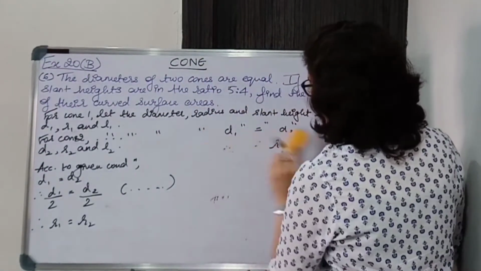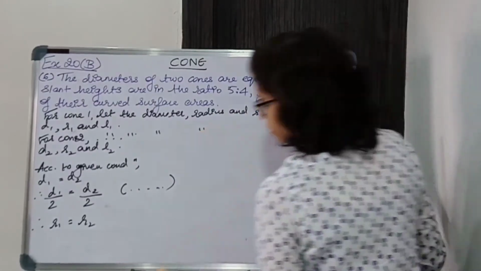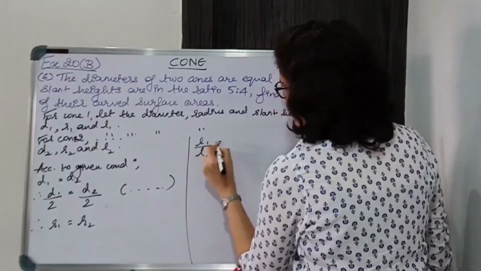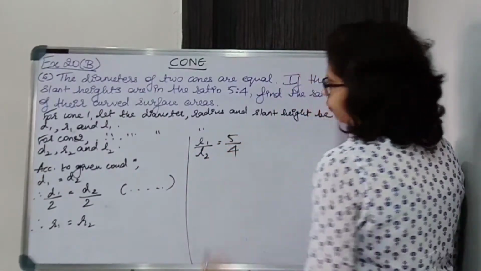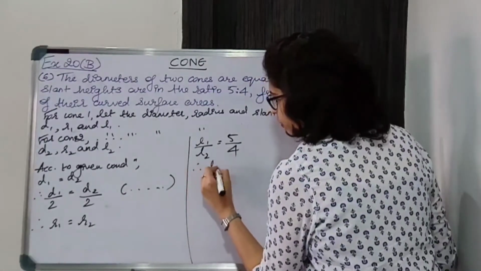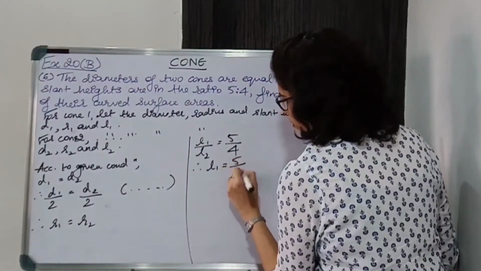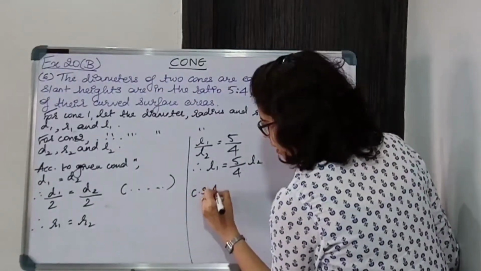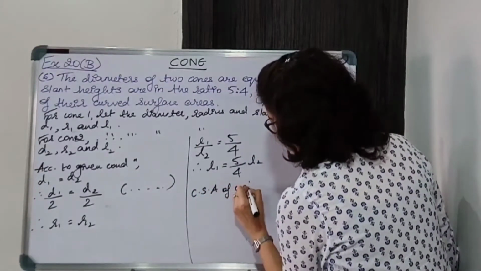So L1 upon L2 is equal to 5:4. Okay. Now, therefore I can say L1 is equal to 5/4 of L2. CSA of cone 1 will be what?